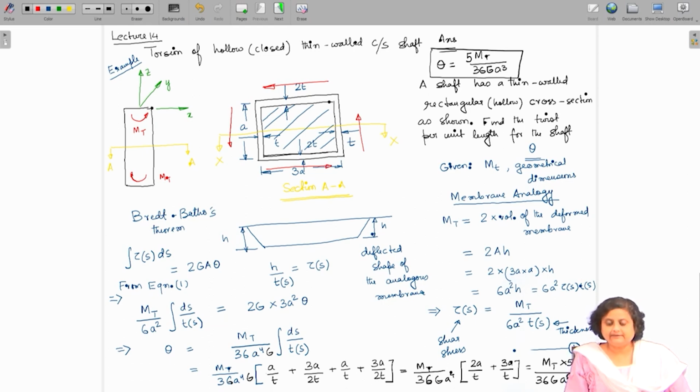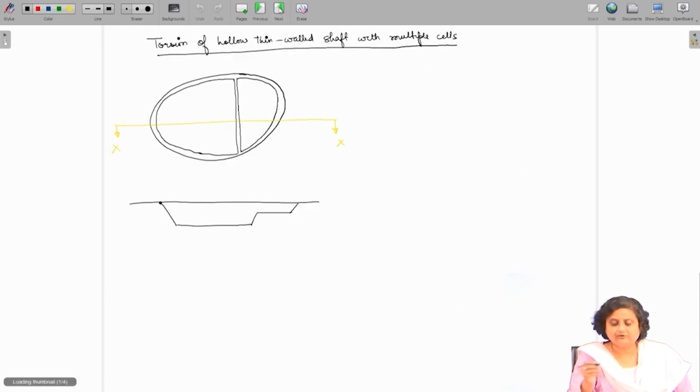So, let us move into the next problem, where we will handle a slightly more difficult problem of torsion of hollow thin walled shaft, but unlike the previous problem, here the shaft has multiple cells.